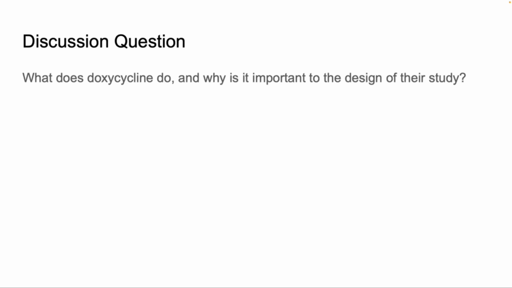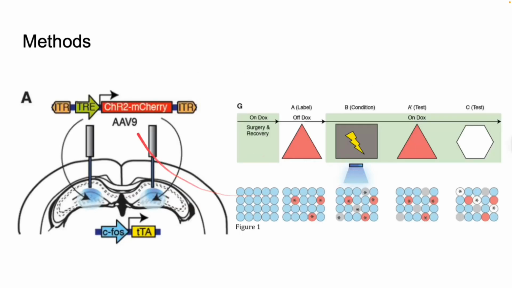Wow, you are on it today, Quantum. Yeah, so doxycycline is going to bind to this tetracycline response element and block the production of channel rhodopsin 2. So as long as they are on doxycycline, they aren't going to produce any of the ion channel. So when they're in condition B, they aren't producing these. These cells aren't going to be activated by light in the future if they choose to reactivate them.